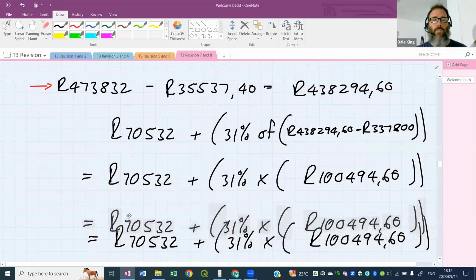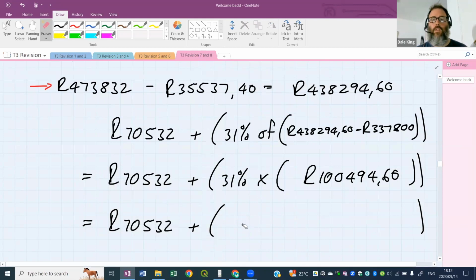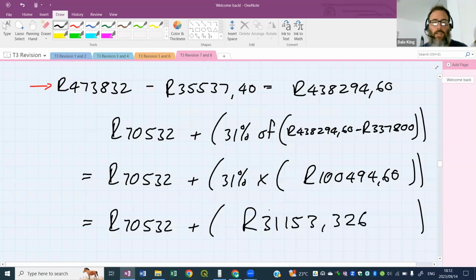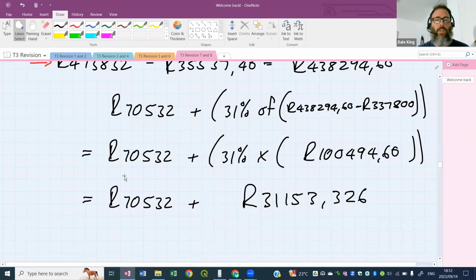All right. So this is where we are. 31,153 and 326 cents. Now, I'm not going to round that off yet. Remember, we always round off at the end, and we don't actually need these brackets now because we just need to add these two up. All right, so we just need to add these up and get the final value.